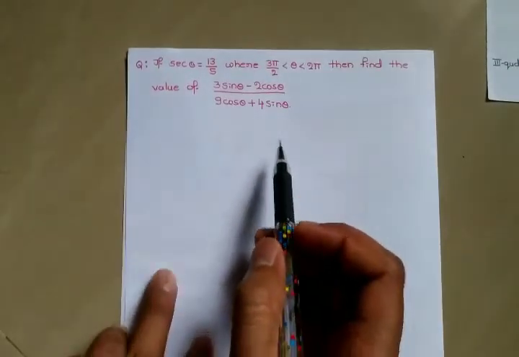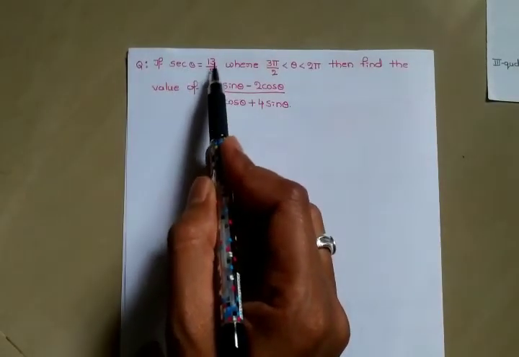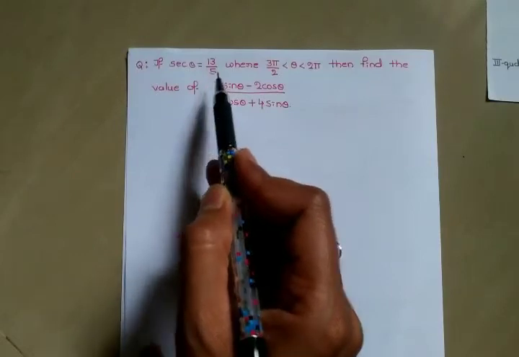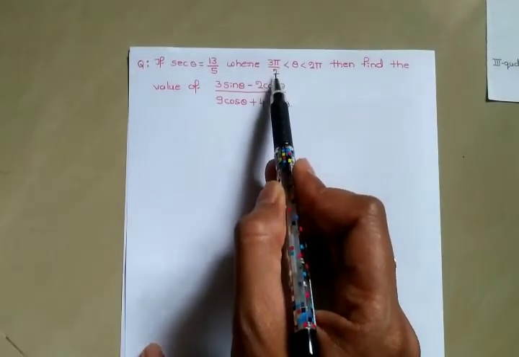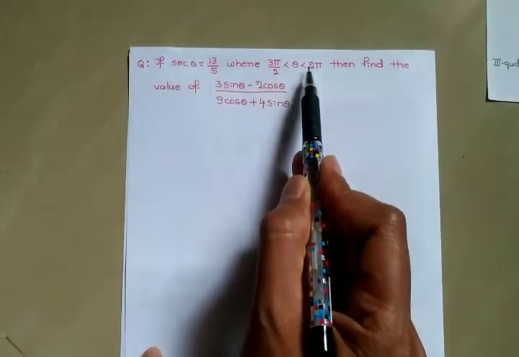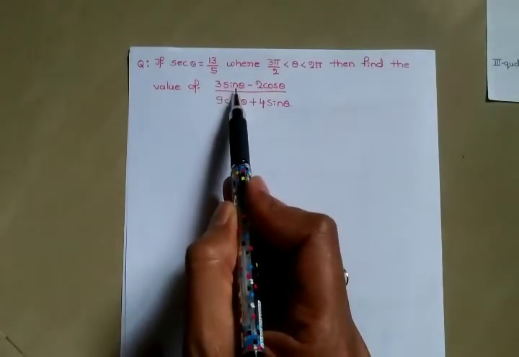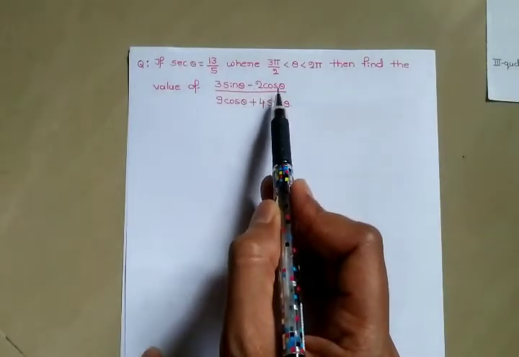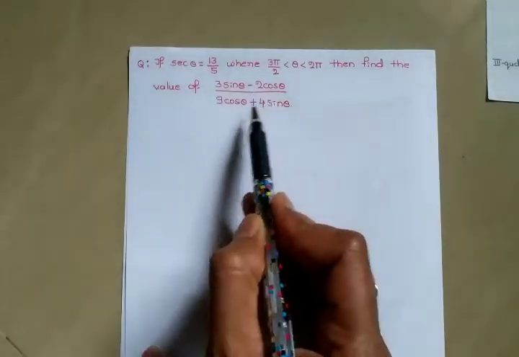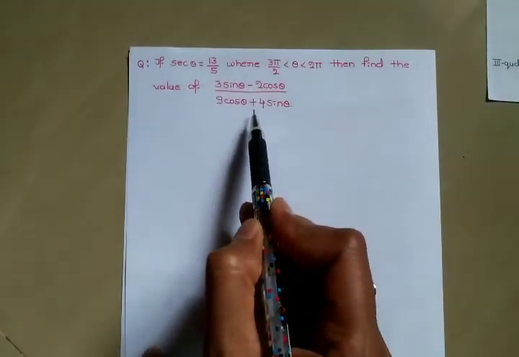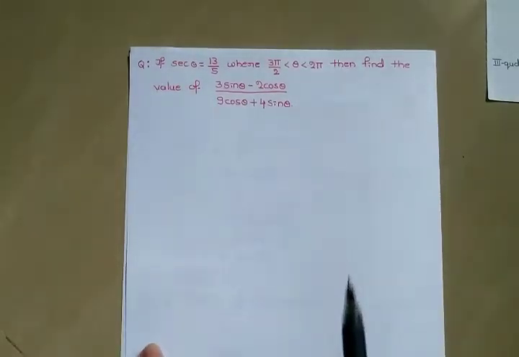So next question. If sec theta is equal to 13 divided by 5, where 3 pi divided by 2 is less than theta less than 2 pi, then find the value of 3 sine theta minus 2 cos theta divided by 9 cos theta plus 4 sine theta.